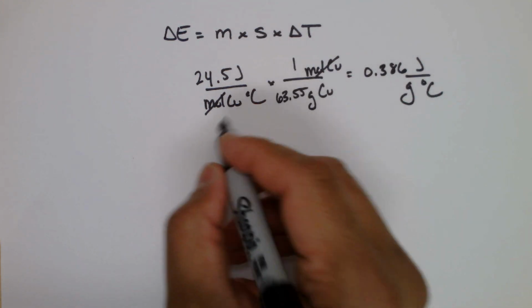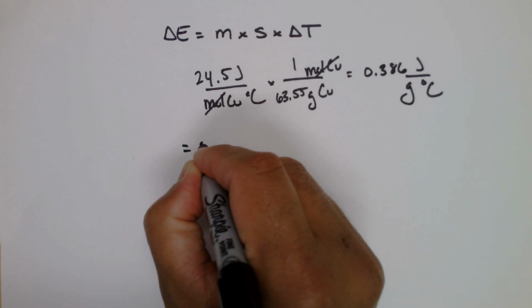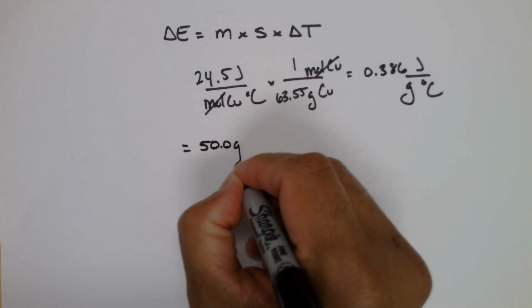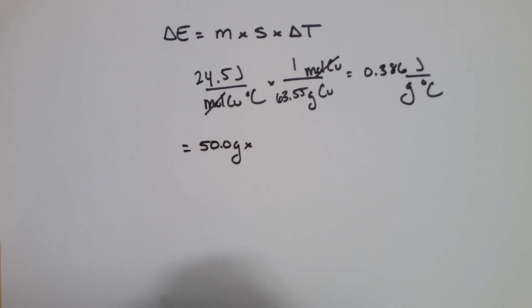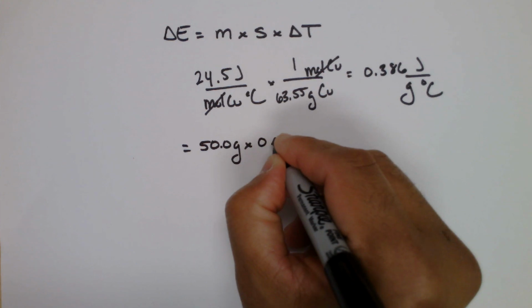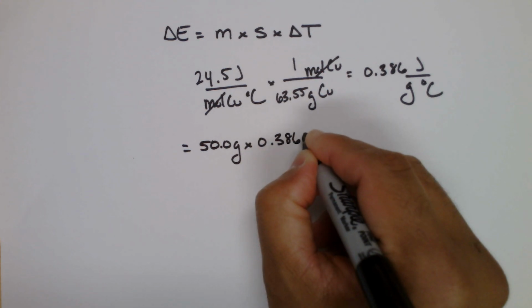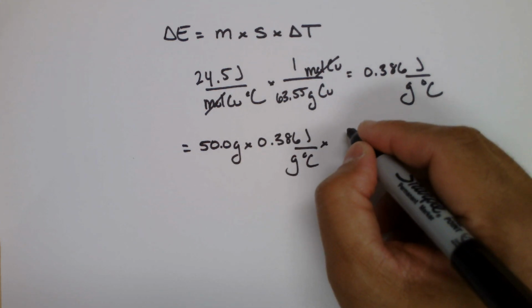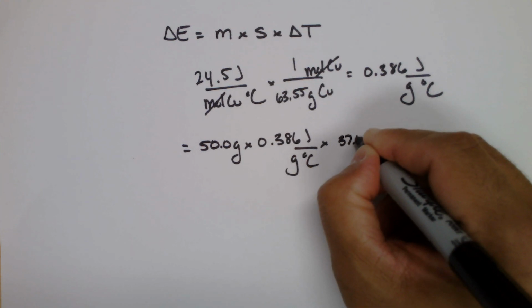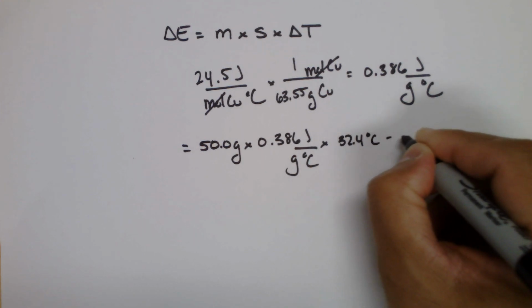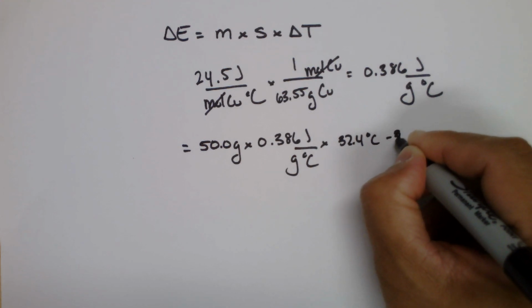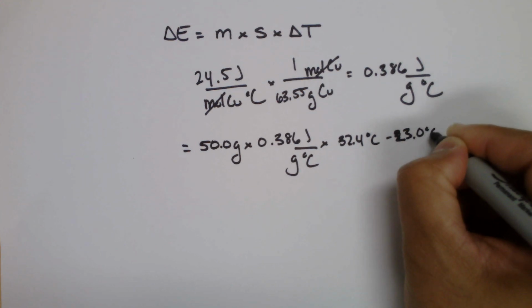Now I can just plug and chug into the equation. So I have a 50-gram sample of the copper. My specific heat capacity is 0.386, and my change in temperature is 32.4 degrees Celsius minus 23 degrees Celsius.